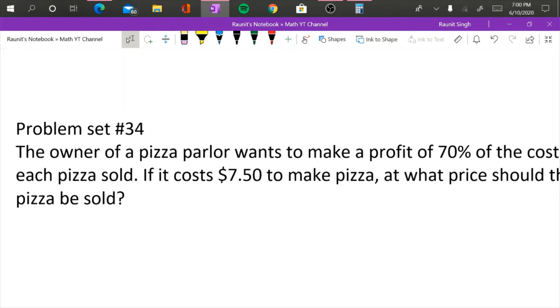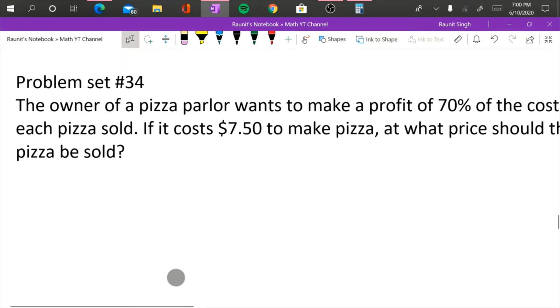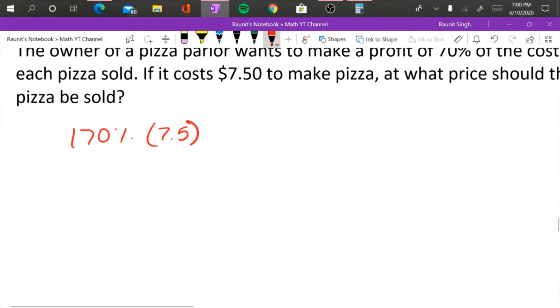So in markup, we're just going to do 170%, just add 100% to it, times $7.50, or we can just write 7.5.